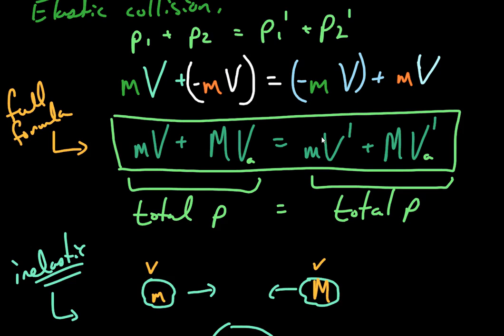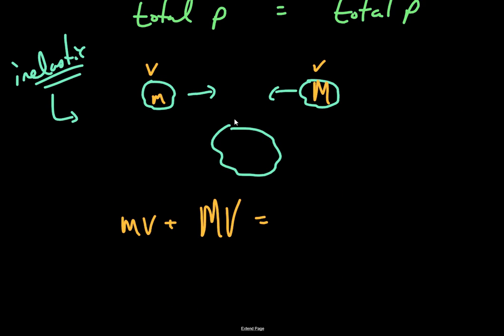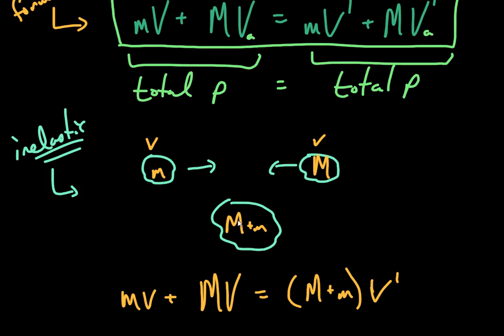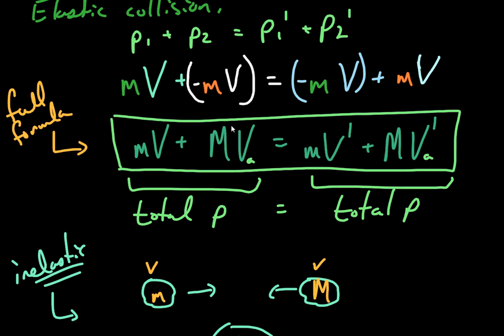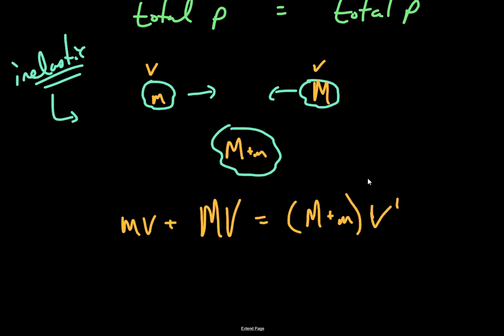Because now we have one new mass, which is m plus M. We actually get this: m plus M times new V, okay? So V prime. So there's just a subtle difference when you're talking about things that stick together versus things that bounce off one another, okay? It's basically putting these two together, m plus M, and realizing they have the same velocity at the end, the identical velocity.